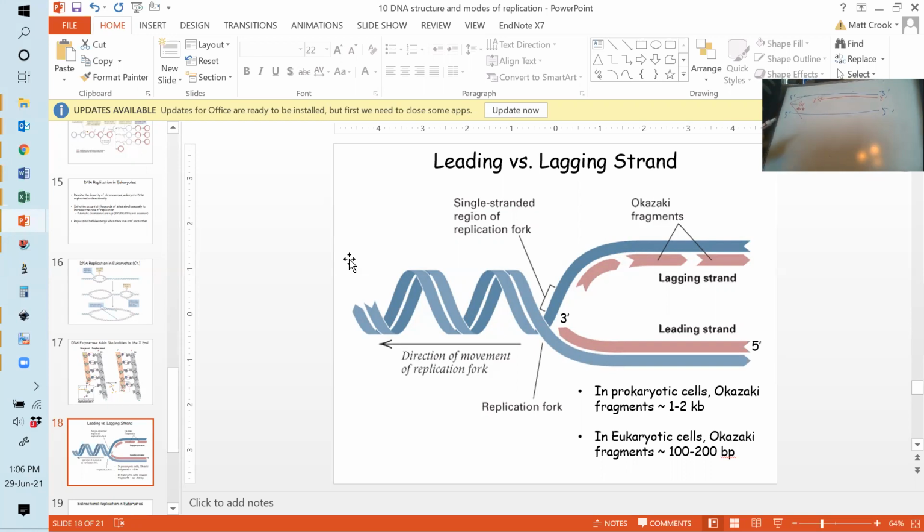So all DNA is synthesized 5' to 3'. That's a given. But the problem is how that ties in with the direction of the replication fork. And so this is the leading strand.